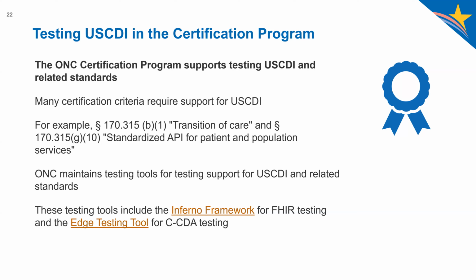For example, the B1 transitions of care criterion requires support for the creation of a transition of care or referral summary document, including the USCDI data classes. Another example is the G10 standardized API for patient and population services criterion, which requires support for FHIR APIs, which can respond to requests for USCDI data for a single patient or multiple patients.